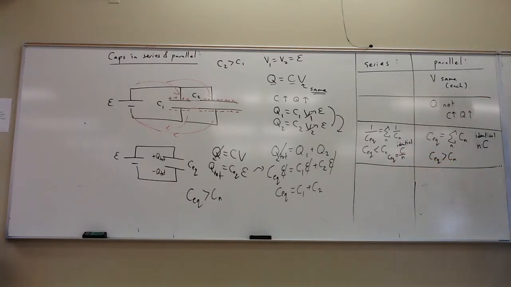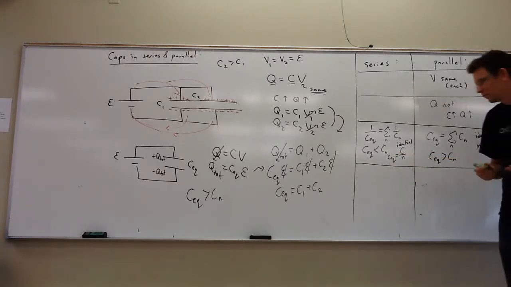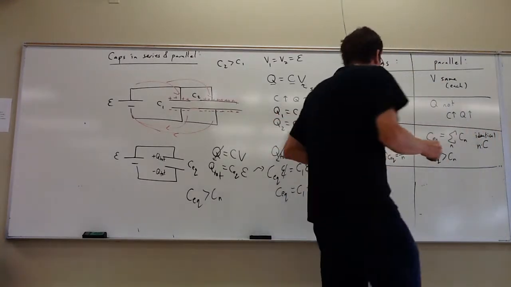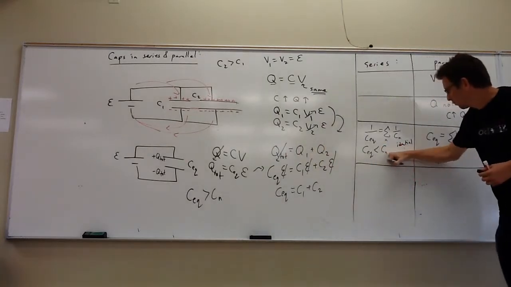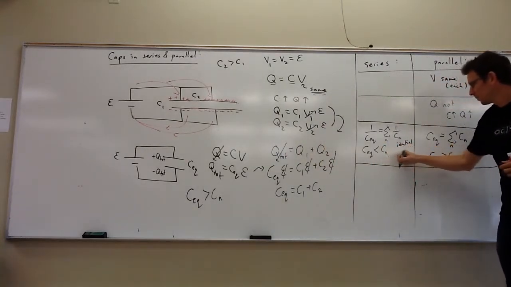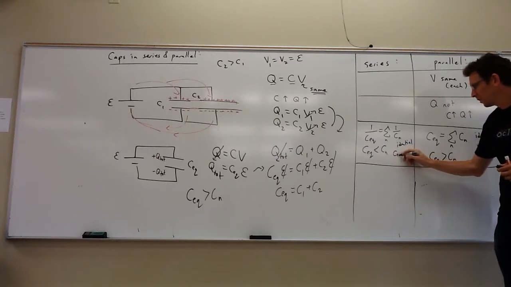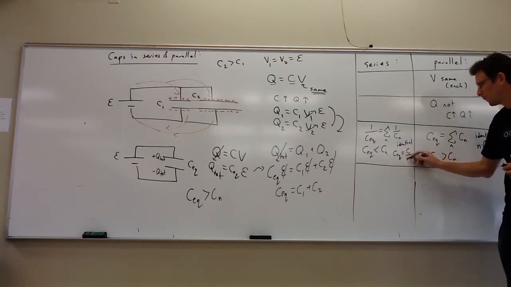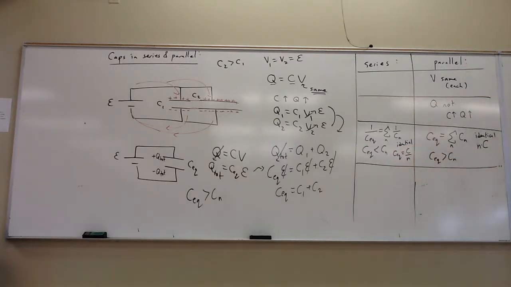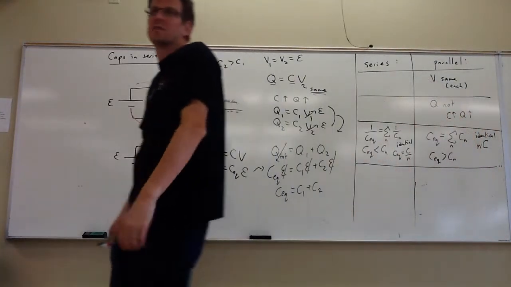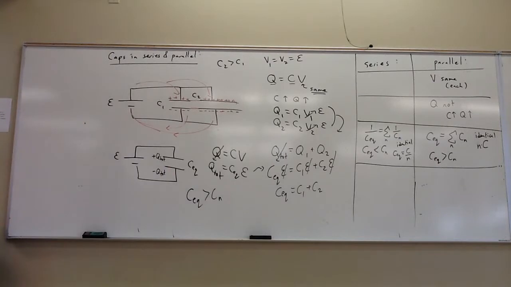Instead of multiplying. Sorry, this is getting a little crowded. Let me move it a little bit over here. This is also on your summary sheet. So the rules are reversed. I'll talk a little bit about why that is. There's a way to think of why they're reversed.